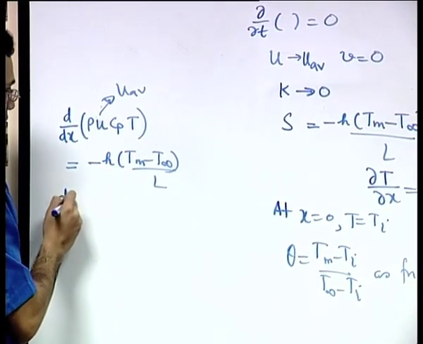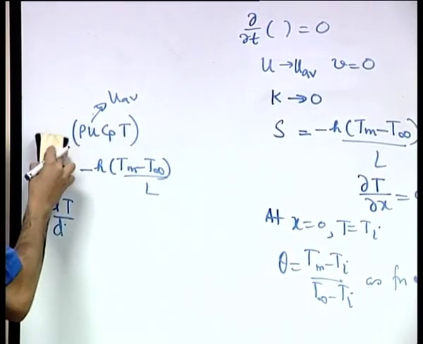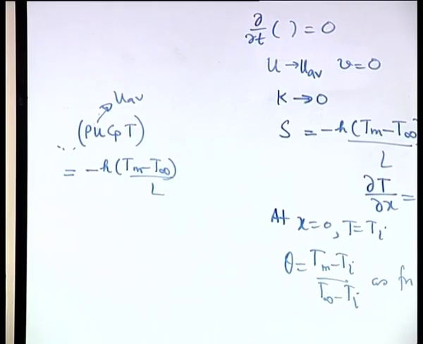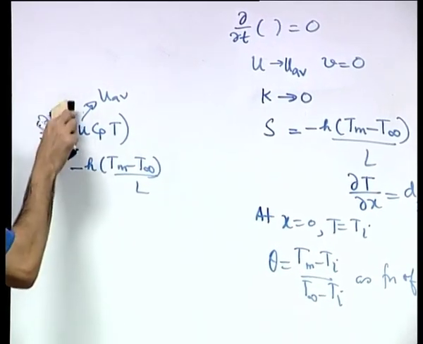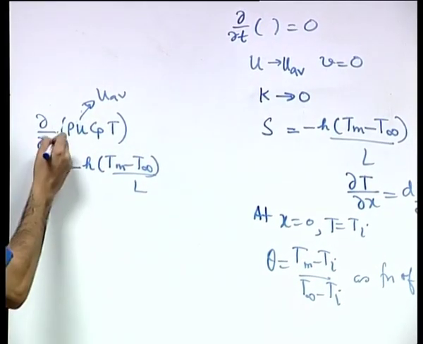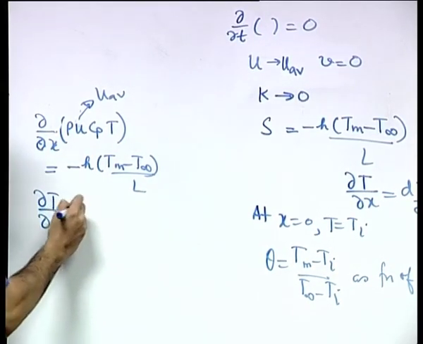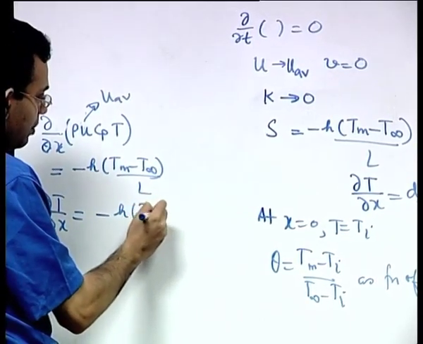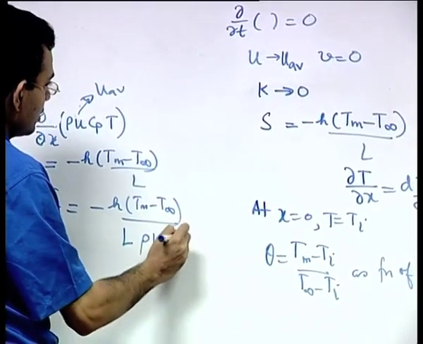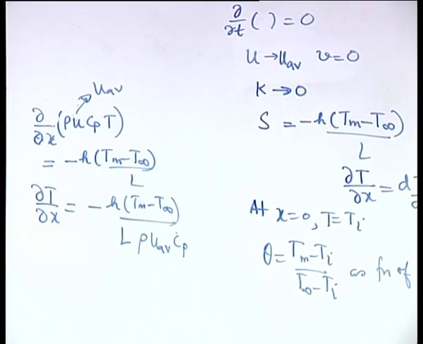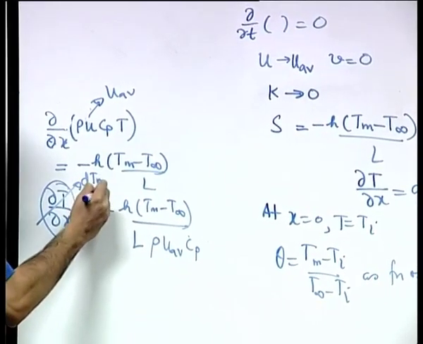So we cannot really write dT dx because T could be a function of both x and y, although u is a function of x only, so better write del x instead of d dx. So we can write del T del x is equal to minus H by rho U average Cp into Tm minus T infinity by L. Now instead of del T del x you can write dTm dx, that is given in the problem.